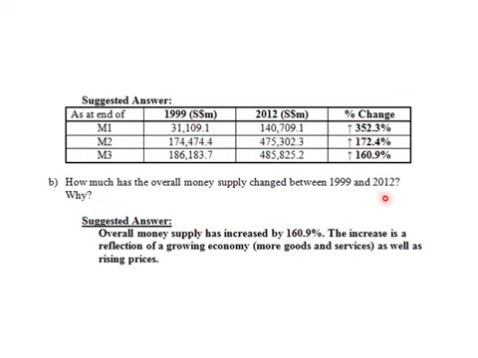Now, so what does this mean? When your money supply goes up over time, this reflects a couple of things. This reflects a growing economy. Especially when you look at M1, people are spending a lot more. And just now when you look at the chart on top of this, you see that demand deposits is actually rising very fast.